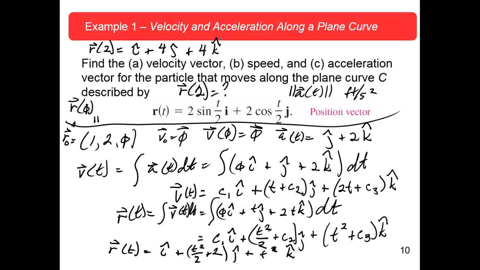Perfect. Way to go. Let's see if that's what they got. r of 2 is i plus 4j plus 4k. Perfect. See how we did it? Make sense? All right.